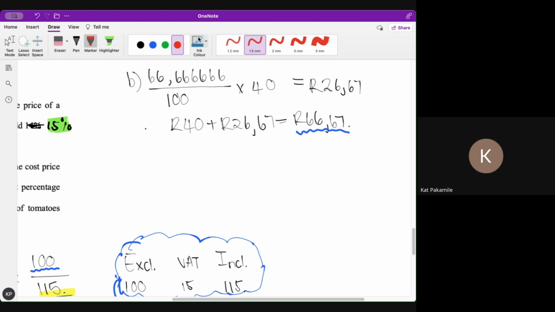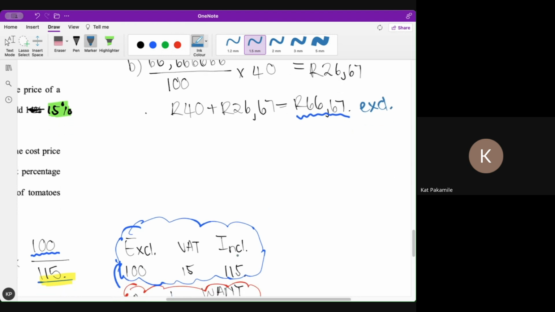We need to be able to identify it. So this is the excluding VAT, which means it's represented by which one of these percentages, guys? If that price is the excluding, it is the 100. Beautiful, Alice. So we're going to say the 66 Rand 67 times, what did they ask us?